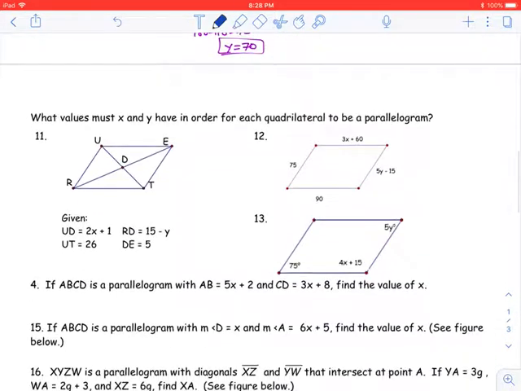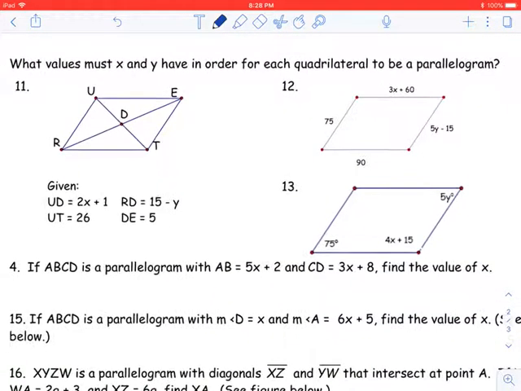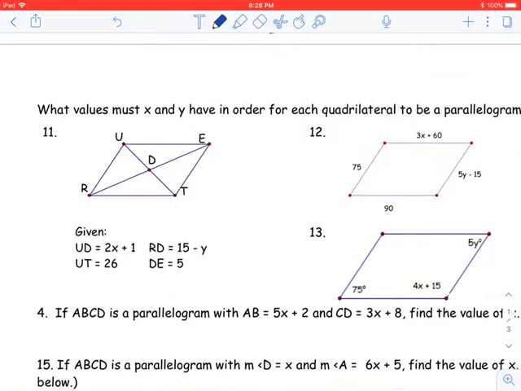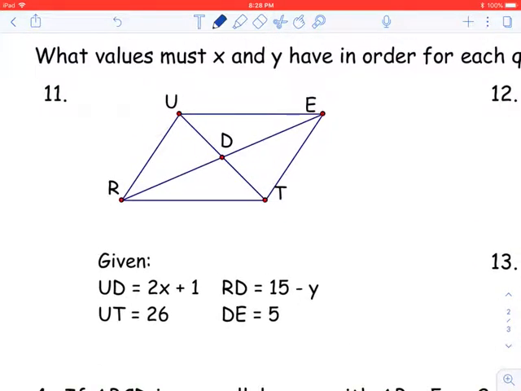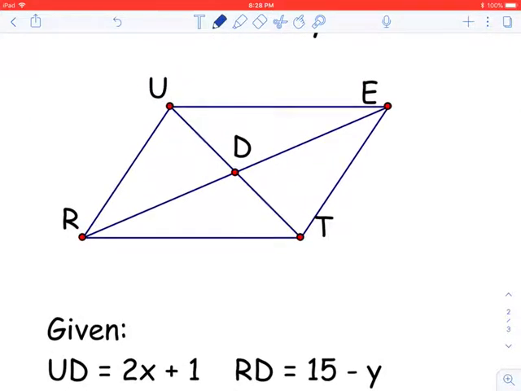So for the next one, it says, what values must y and x have in order for each quadrilateral to be a parallelogram? So for number 11, it says UD, so this right here, is 2x plus 1. Okay, so I'm going to go ahead and label that 2x plus 1. All right.